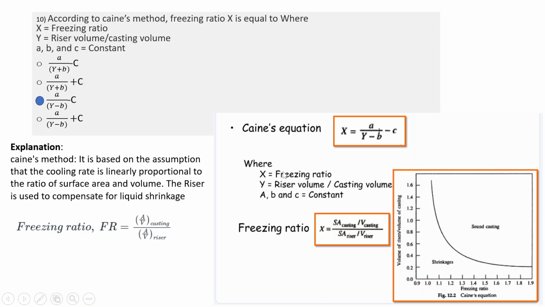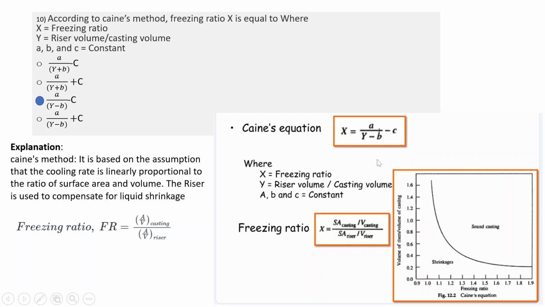Here X is the freezing ratio, Y is riser volume upon casting volume, and A, B, C are constants. This is the freezing ratio in terms of casting and riser surface area and volume: surface area upon volume of casting, surface area upon volume of riser. Risers will be here at the down part.